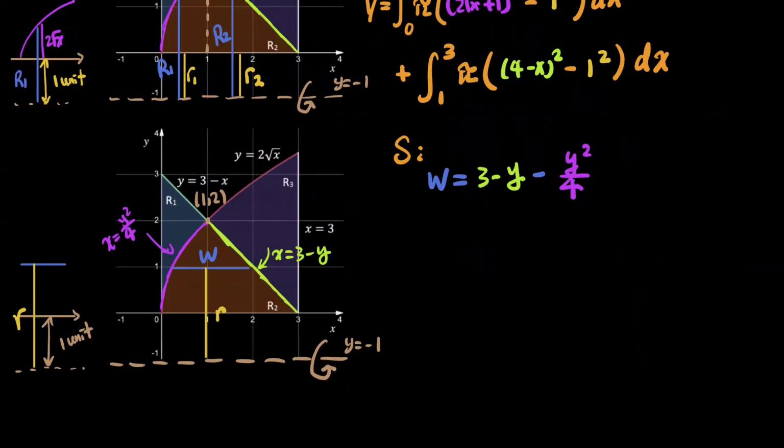And this distance here is simply y. So r is y plus 1.